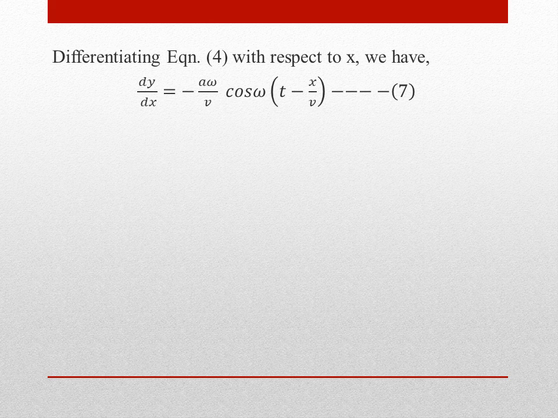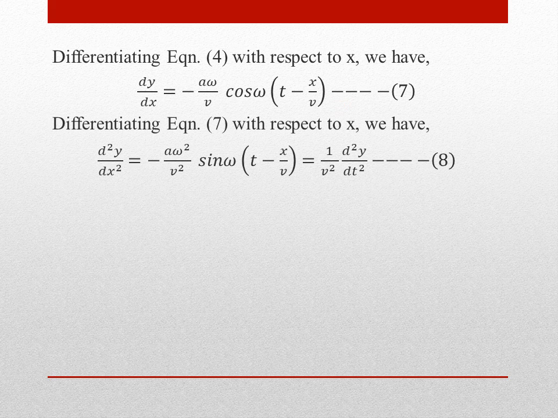We now proceed to differentiate equation 4 twice with respect to x. So on differentiating equation 4 once with respect to x, we have dy by dx to be equal to minus a omega by v cos omega in brackets t minus x by v, which is equation 7.